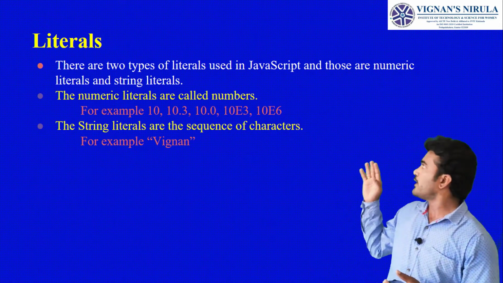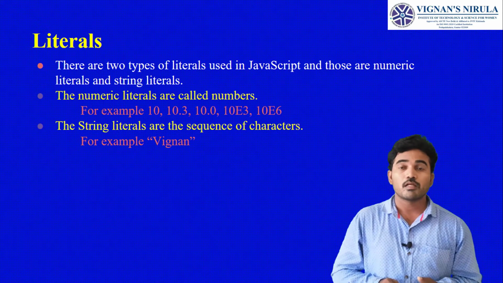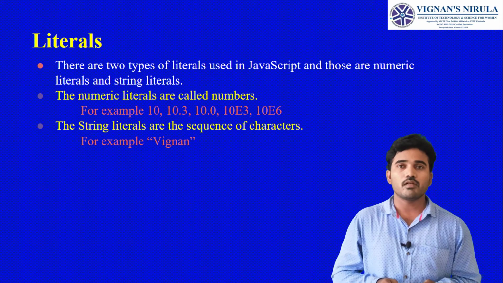For example 10, 10.3, 10.0, 10e3 or 10e6. All these are generally considered numbers. Whereas the string literal consists of a sequence of characters. For example, here we have used the word Vignan enclosed in a pair of double quotes. That is considered a string. So two types of literals are there.